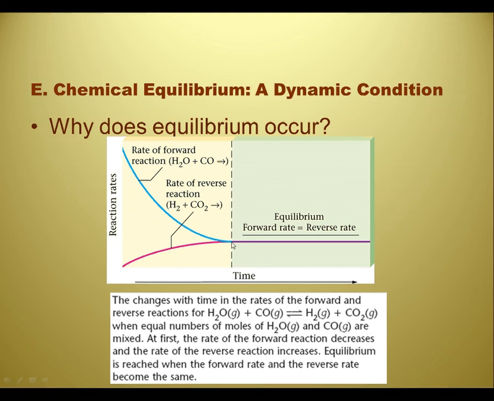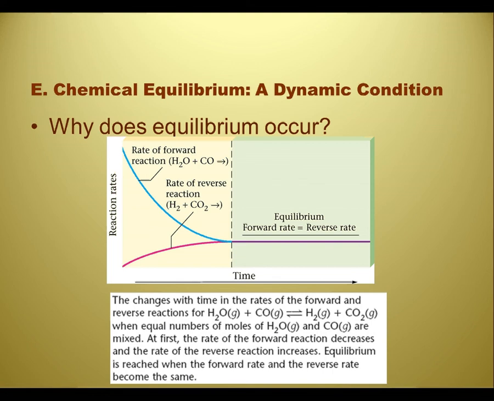Eventually, they reach a point where they're not going down or going up. Now, I'm not going to say they're at the exact same point because that's not necessarily true. But what is happening is they hit a plateau and they neither go up nor down. So they just go horizontally. That is equilibrium, this horizontal portion right here.